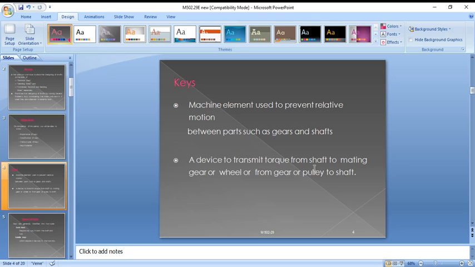So a key is a machine element which is used to connect the transmitting shaft and the rotating parts like pulleys, gears and flywheels. Mainly the use of the key is to stop the relative motion between the two parts.